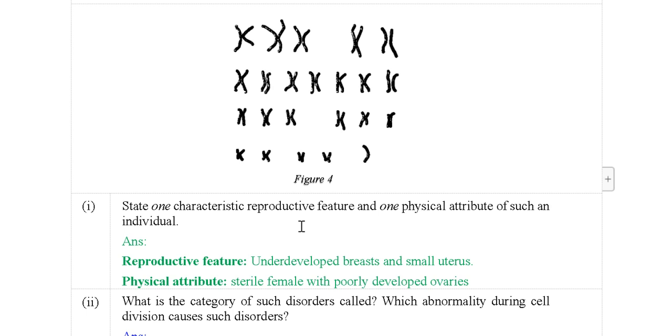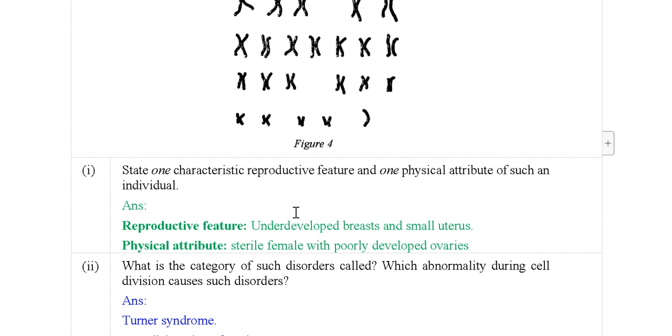The reproductive feature in this case is underdeveloped breasts and a small uterus. They also asked to write one physical attribute. The physical attribute for this chromosomal pattern is that it will be a sterile female with poorly developed ovaries. So this is the reproductive feature, and this is the physical appearance.